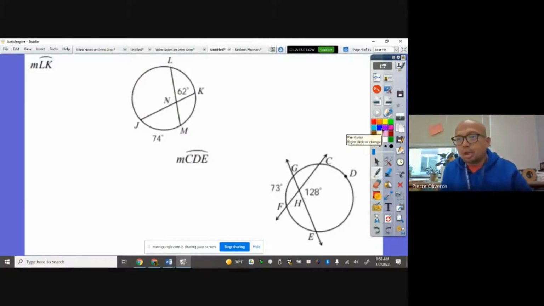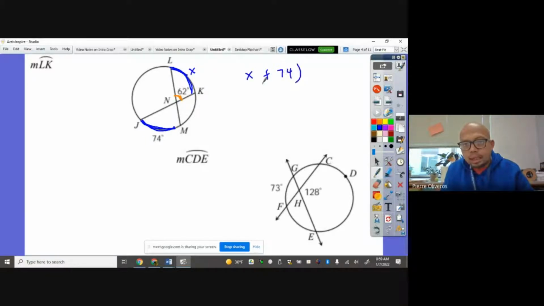Now, what if we're looking for arc LK? This is arc LK here. But the angle formed by the two secants is given to be 62. Remember that when we add the two arcs, this is x, right? X plus 74, and we multiply by half. The answer must be 62. So how are we going to solve for x there?